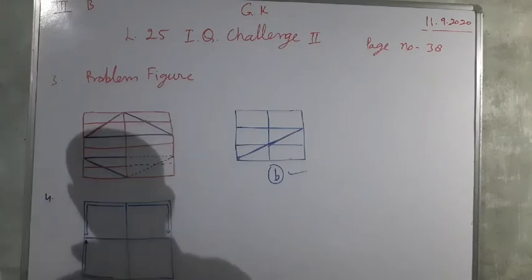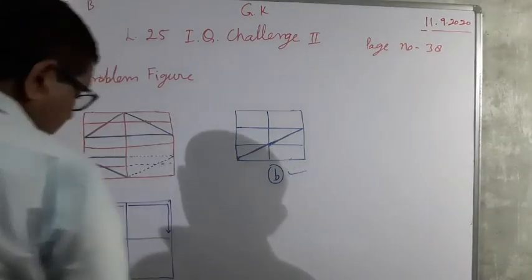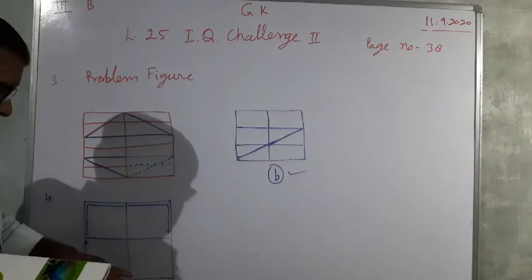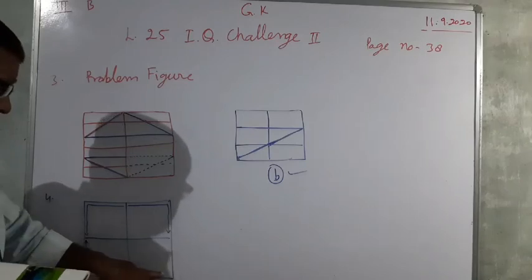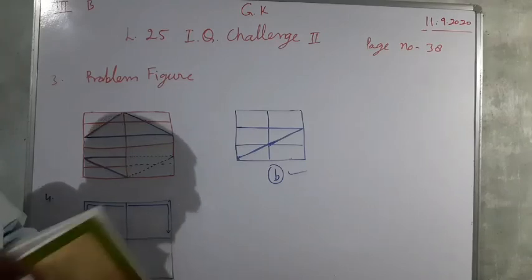So here which arrow will be? So one structure is needed which is in this direction, and the arrow must be on this side.